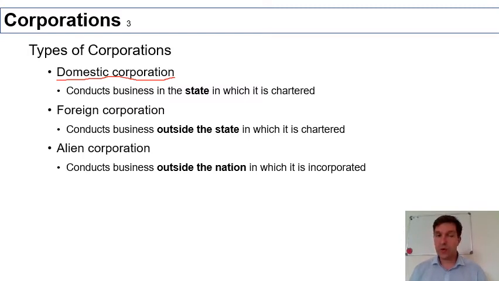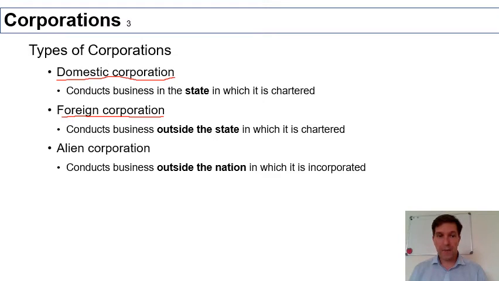Now, this word is used a little bit differently than it is maybe in the news, so you need to watch out for this. A foreign corporation, this is where it can get a little bit confusing, is one that operates outside of the state in which it was actually chartered, but not necessarily outside of the country. So for example, if you're chartered in Virginia and you operate in North Carolina, in North Carolina you will be considered a foreign corporation.